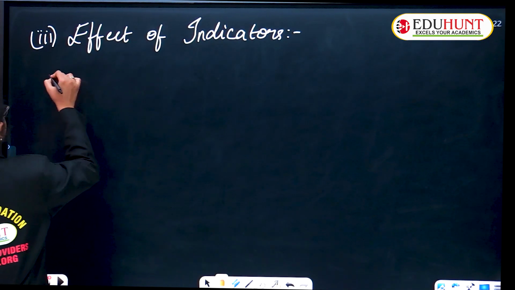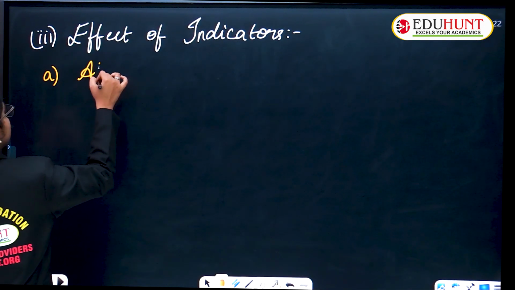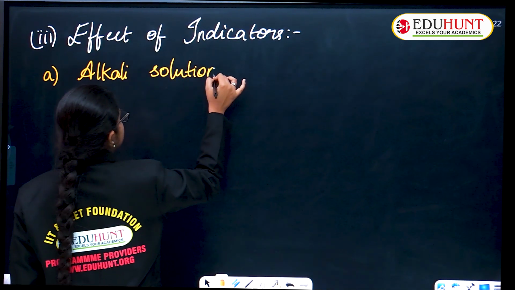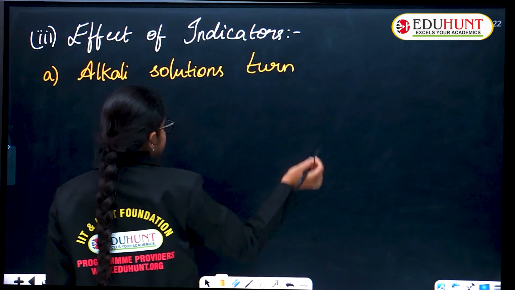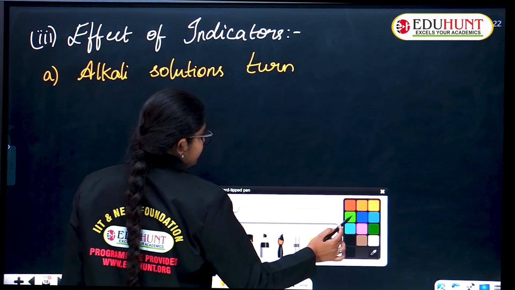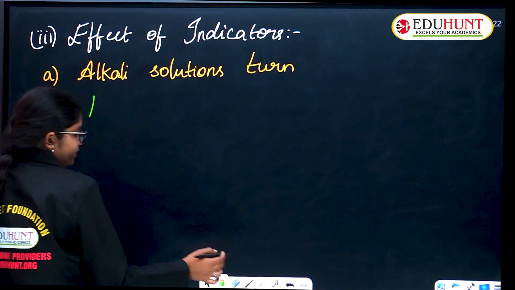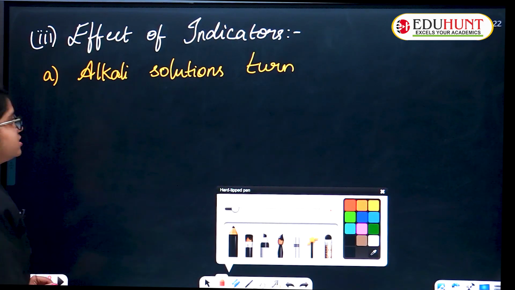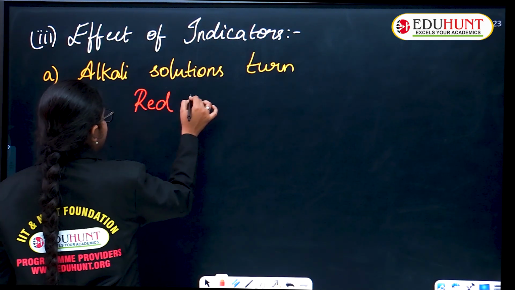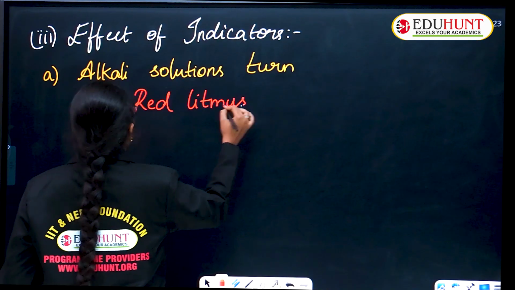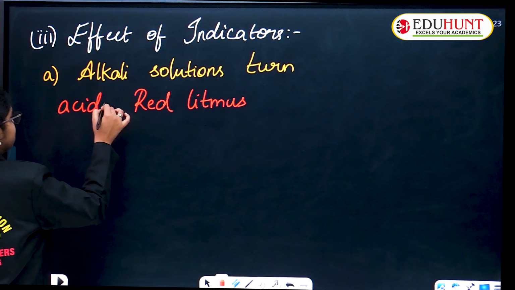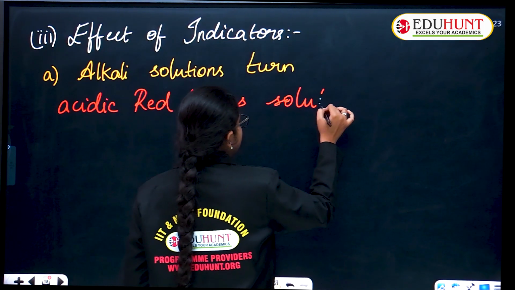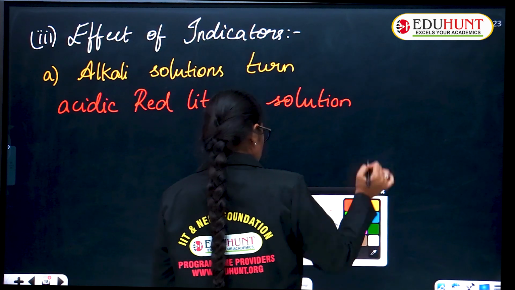The first one: alkali solutions turn acidic red litmus solution into blue.